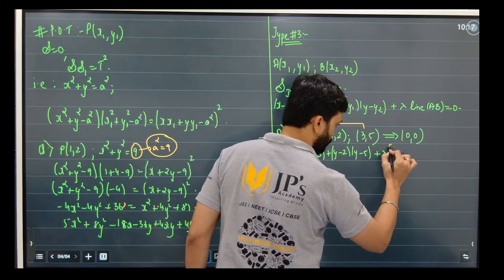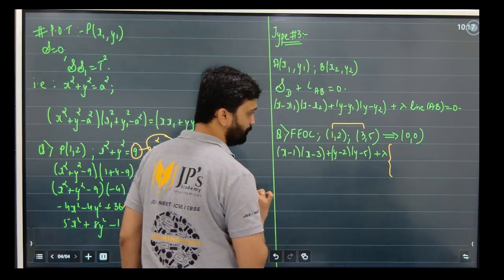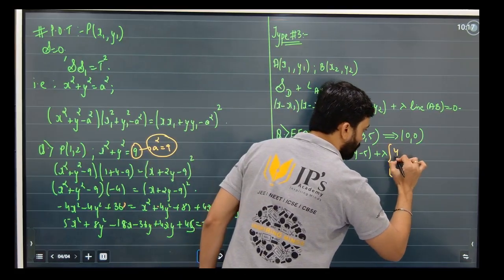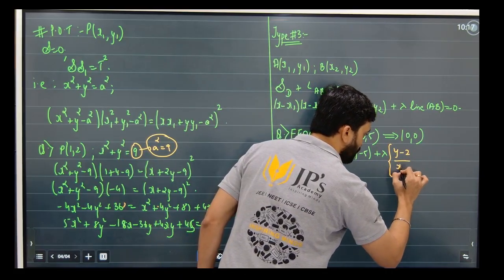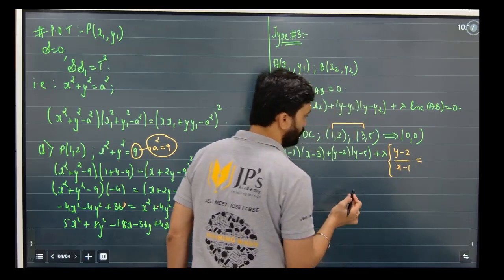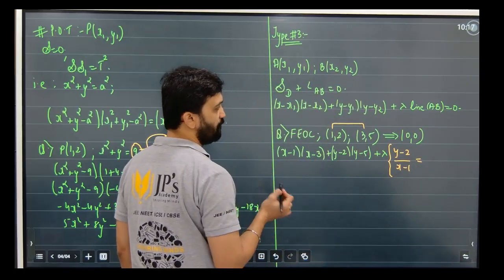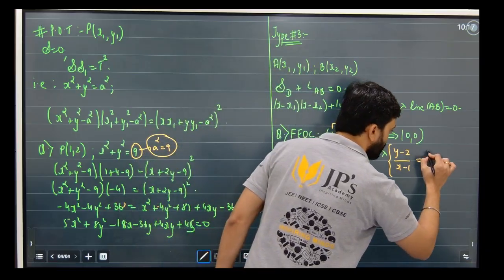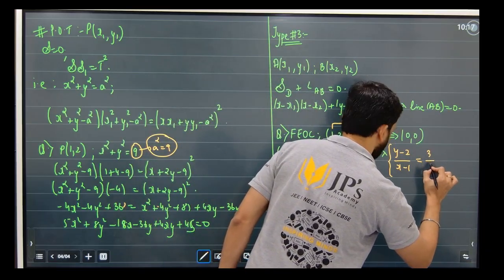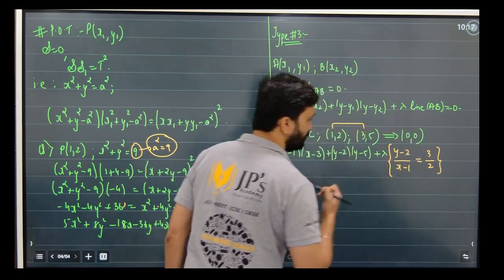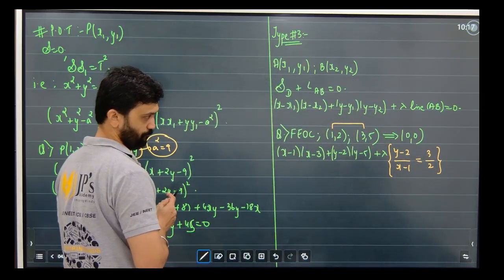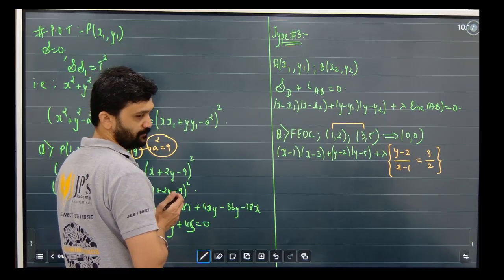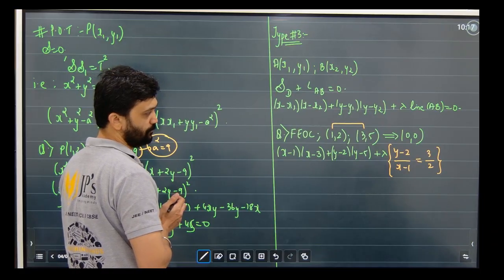So here we solve the 2-point form. This will become y minus y1 upon x minus x1 is equal to y2 minus y1 upon x2 minus x1, with 5 minus 2 is 3 and 3 minus 1 is 2. This is your 2-point form.